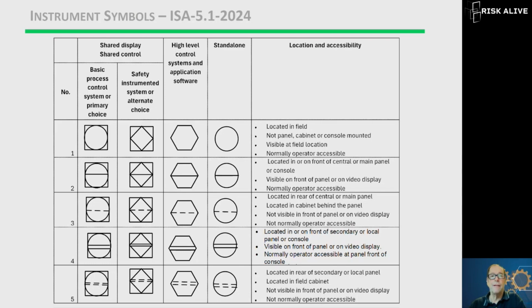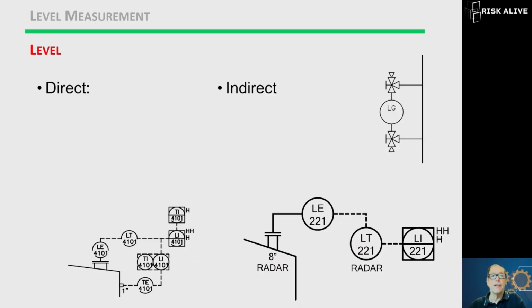So we'll go through that, make sure that you feel really, really comfortable with the symbology. And then we'll talk about pressure, we'll talk about temperature, they're relatively simple, and then we'll talk about level. Do you know how many different ways there are to measure level? Well, we don't cover everything possible, but we cover a lot.